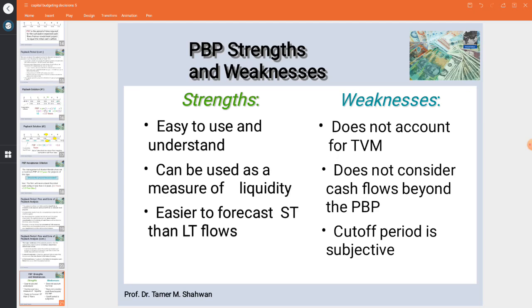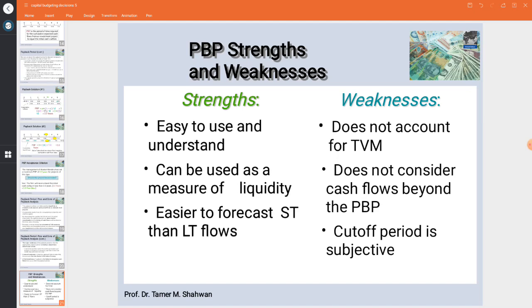Maybe in some projects the cash flow comes a little bit delayed. Sometimes in some projects they achieve a huge amount of cash inflows, but it occurs a little bit late rather than early.